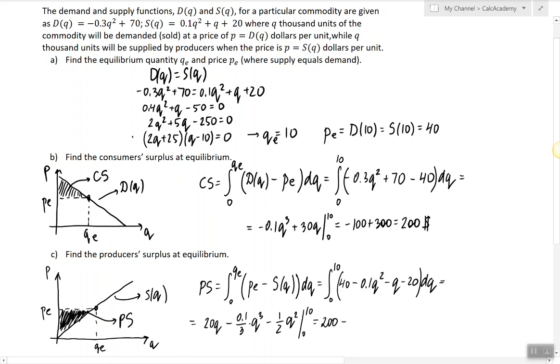So it's going to be 200 minus 0.1 over 3 times 10 cubed minus 1/2 times 10 squared. So it is 150 minus 100 over 3. So it's 350 over 3, which is roughly $116.67. So this will be the producer's surplus at equilibrium.